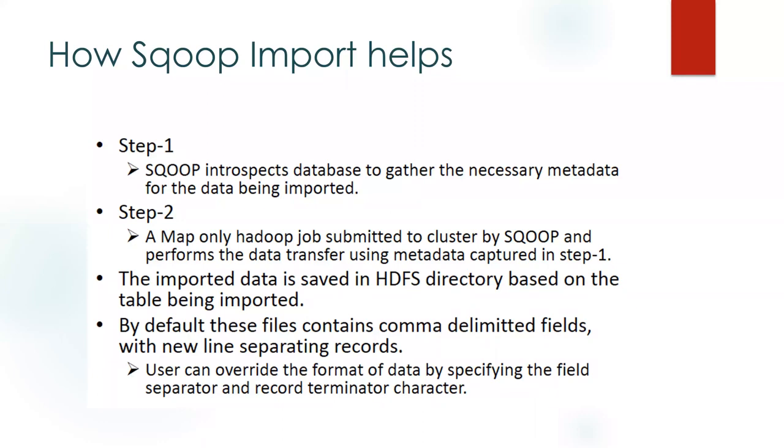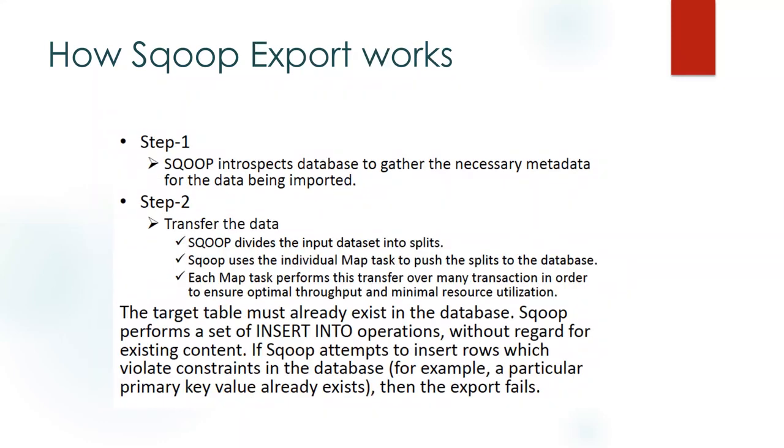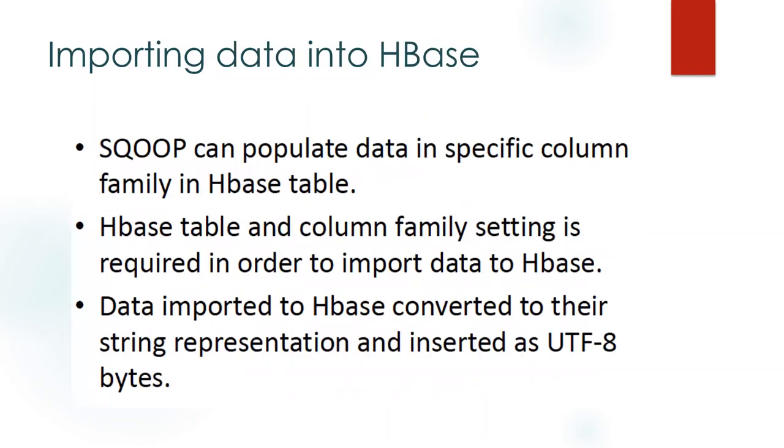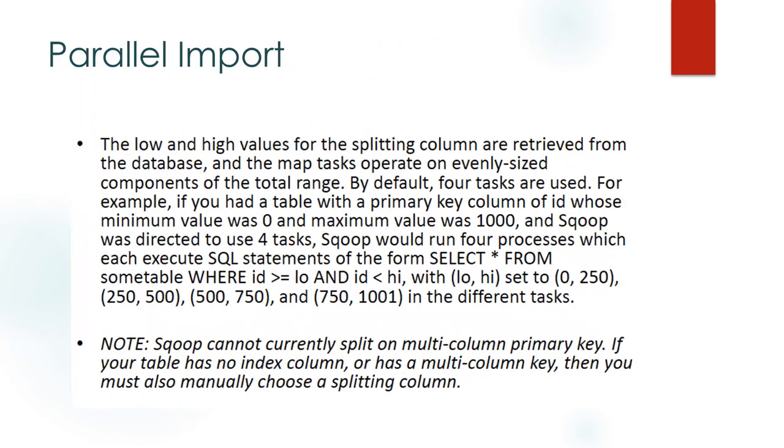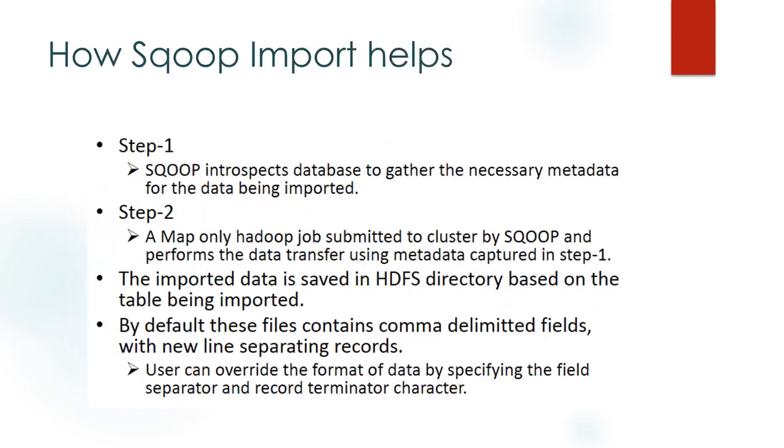So you can see the different steps. Maybe I'll just go through this and then talk about a couple of things more. So how does Scoop import help? Step 1, Scoop introspects the database to gather the necessary metadata.